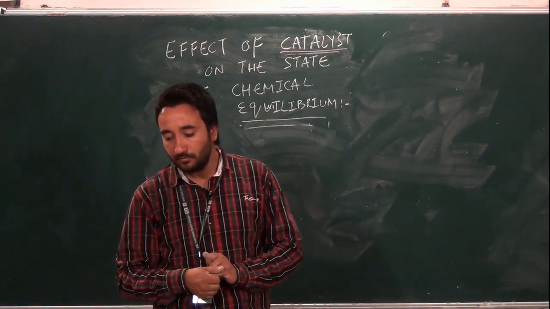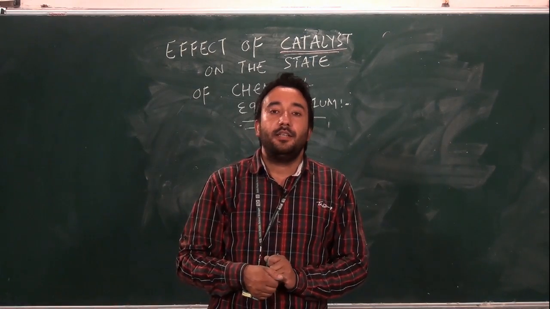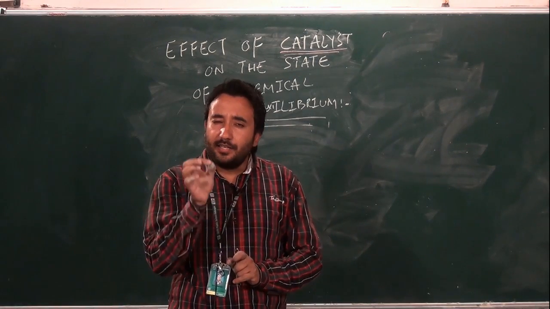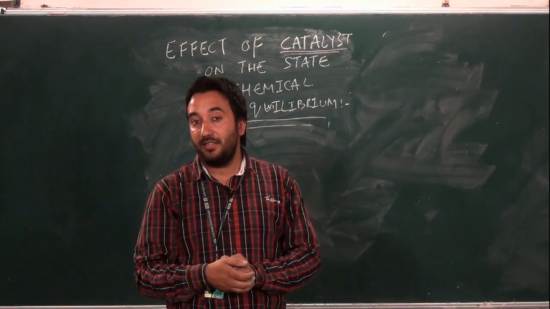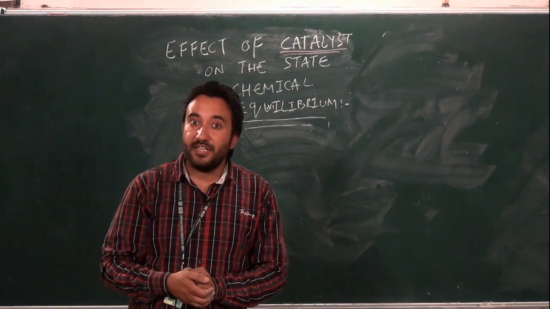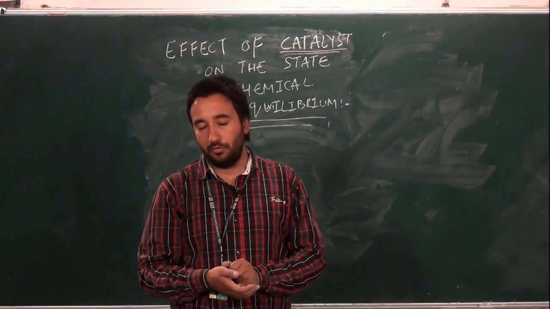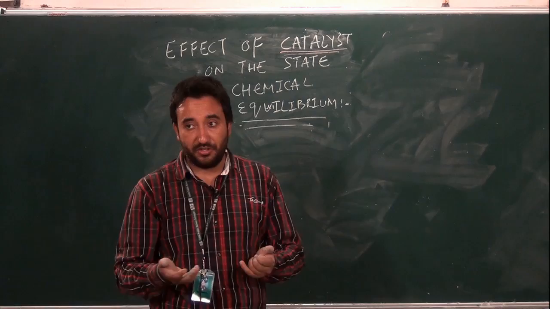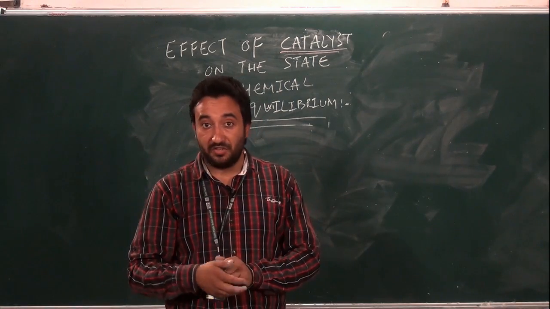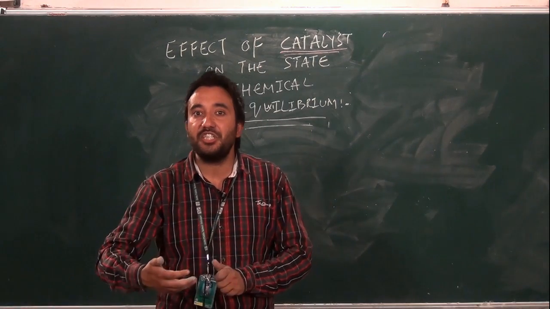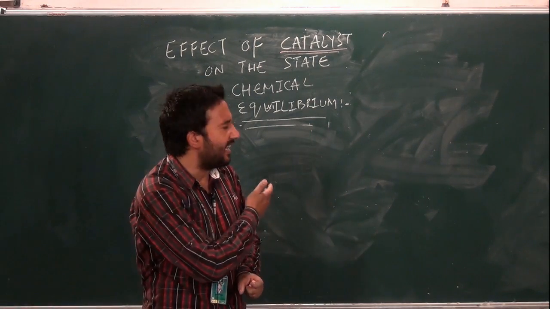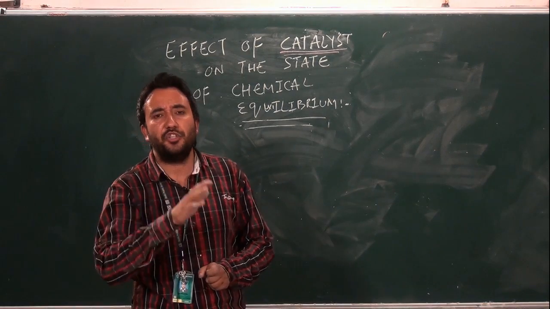Second, a catalyst has nothing to do with the delta G of a reaction. And what is delta G? Change in the free energy. As you know, a reaction is spontaneous, meaning it will take place, if its delta G is negative, meaning there is a decrease in the free energy. This catalyst has nothing to do with the delta G of a reaction.